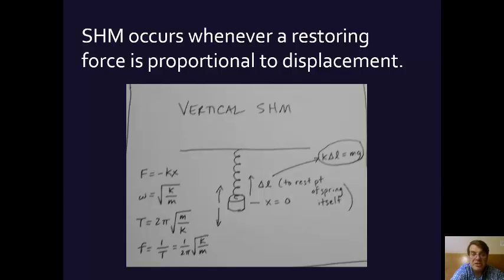And of course the period is the opposite of the frequency. Frequency is cycles per second, and the period is seconds per cycle. So you just flip everything, and it's 2 pi times the square root of m over k. Again, this is all the same as when we had horizontal simple harmonic motion.